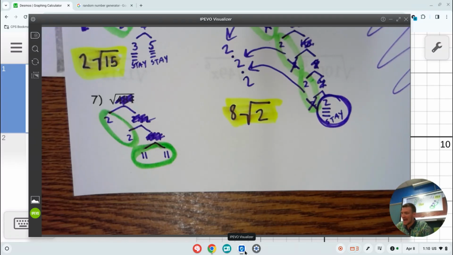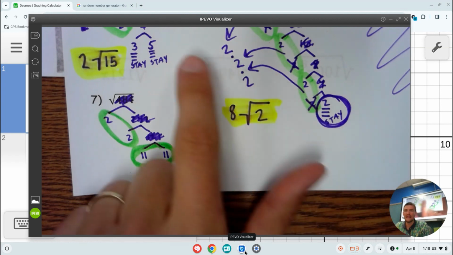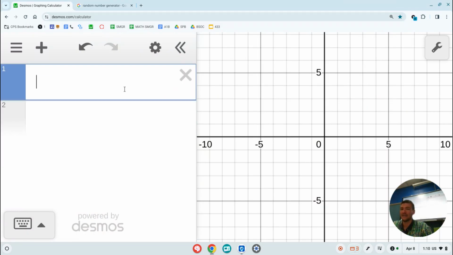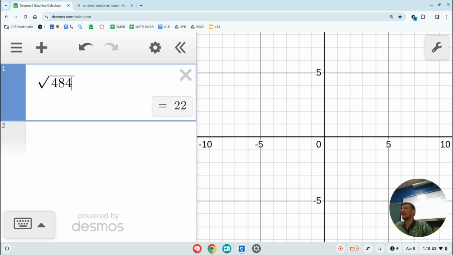Now, how did that happen? How did we end up with a question that has no leftover numbers that are going to stay behind? It's because this question asked us, what is the square root of 484? And guess what? 484 is a perfect square right from the start.